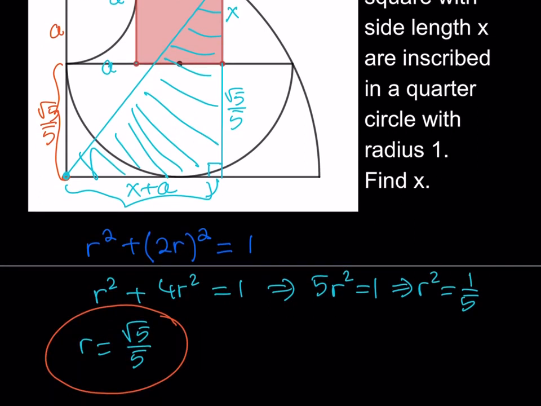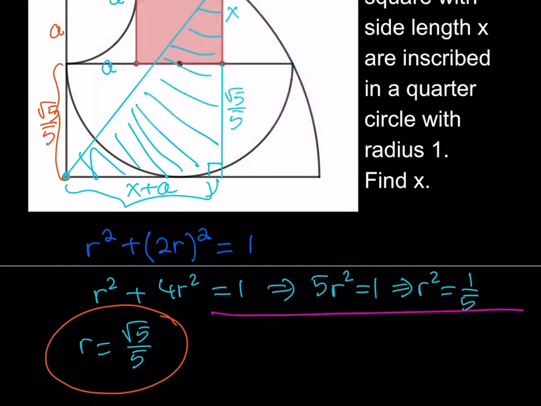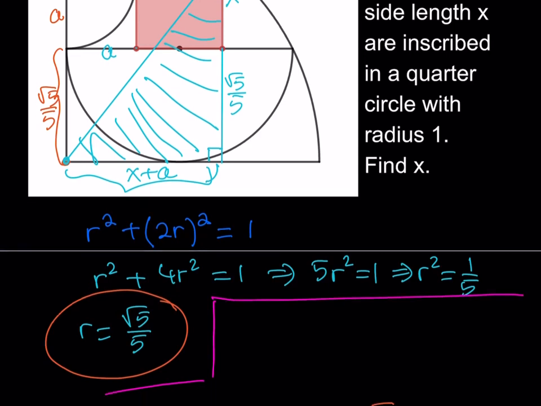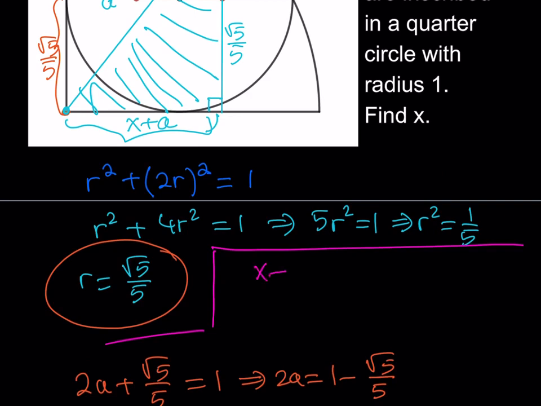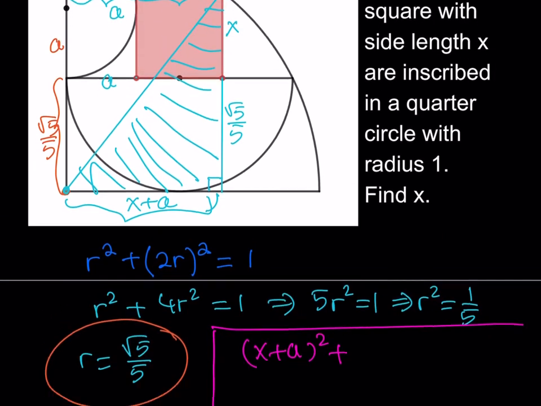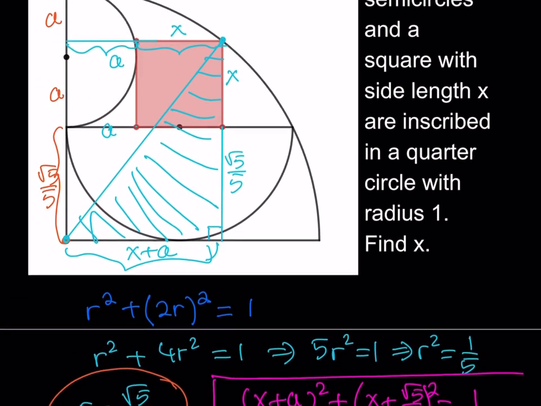What am I going to write? Let's go ahead and change colors here maybe. So let's make some room. Okay. I have x plus a squared, but I do know that a is equal to this number here. So let me write it that way first. x plus a squared plus x plus root 5 over 5 squared, and that should equal 1, right? Which is the hypotenuse here from this point to that point.